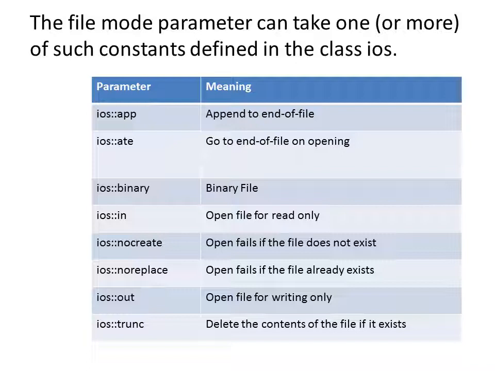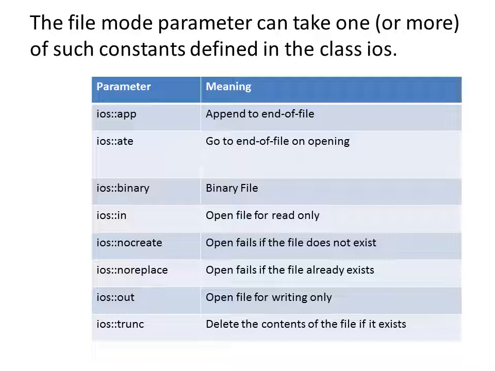Now we'll discuss all the parameters one by one. ios app means append to the end of the file. It means if there is an existing file, it will open the file, the pointer will go to the end of the file, and we can add the data.